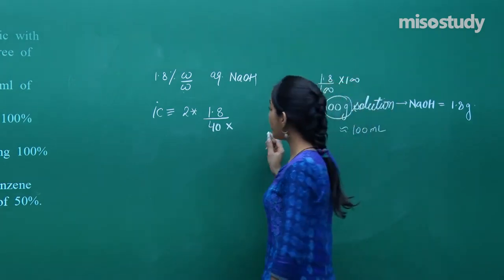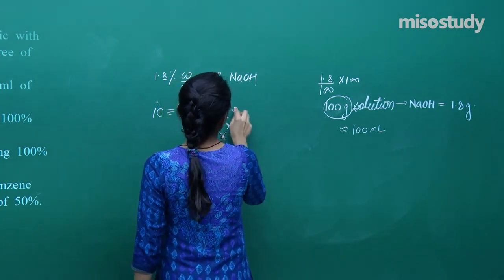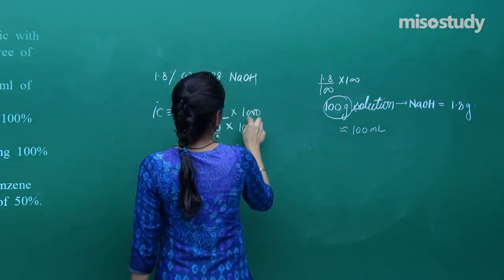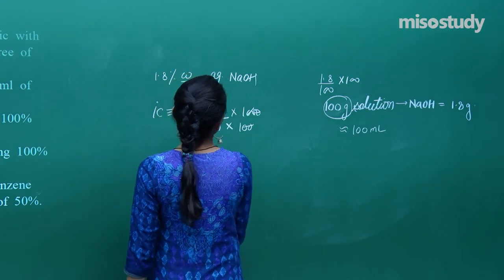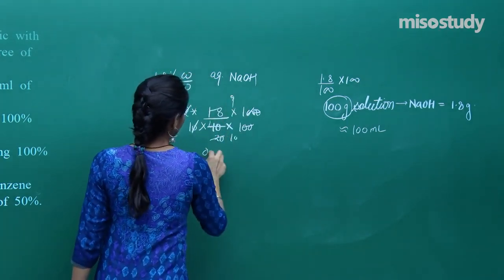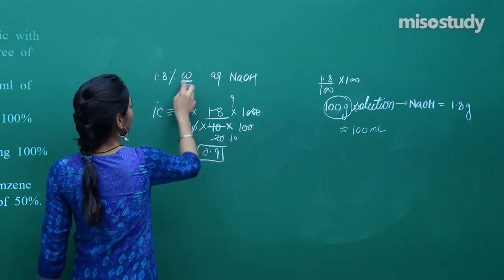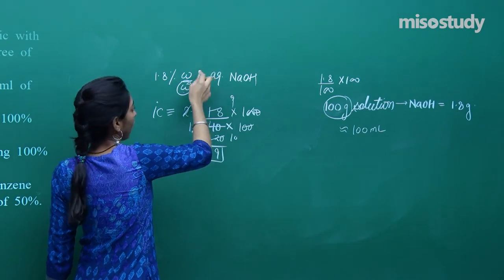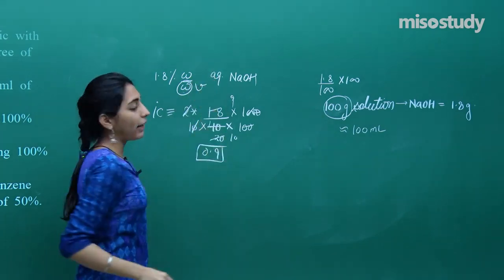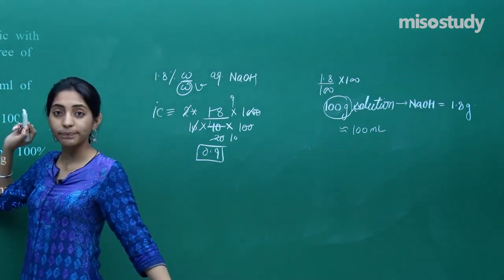So 100 divided by 1000, and approximately it is coming to be 0.9. Or else I would have corrected the question if it had been given W by V, that would also be the same thing. So even this will be isotonic.